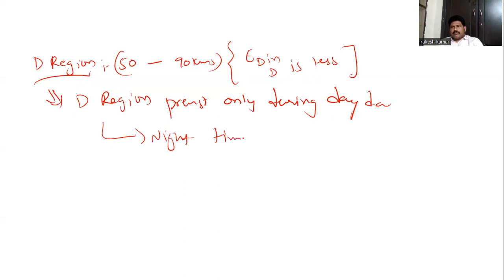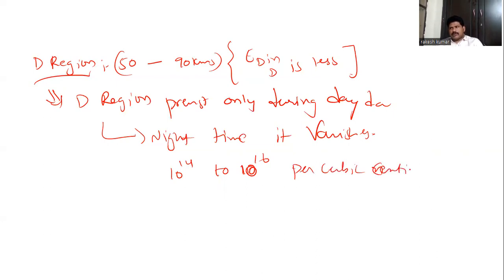The ionization density is maximum at noon, and the electron density ranges from 10 power 14 to 10 power 16 per cubic centimeter. So this is the brief introduction regarding the D region.